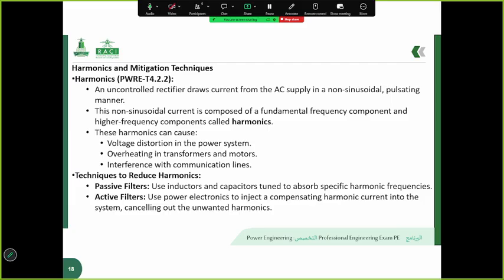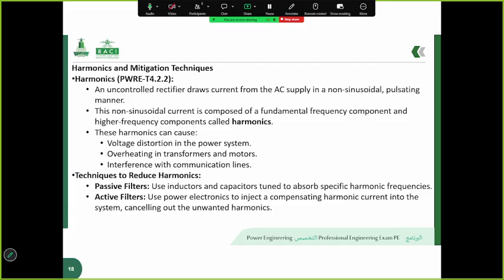So to mitigate these issues, you need to employ different harmonic reduction techniques. Passive filters are a traditional solution that use combinations of inductors and capacitors tuned to specific harmonic frequencies to absorb and suppress unwanted components from the system.